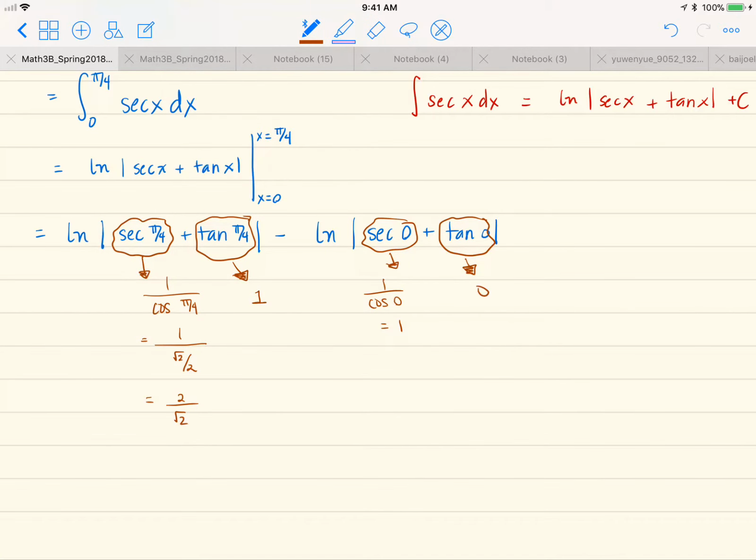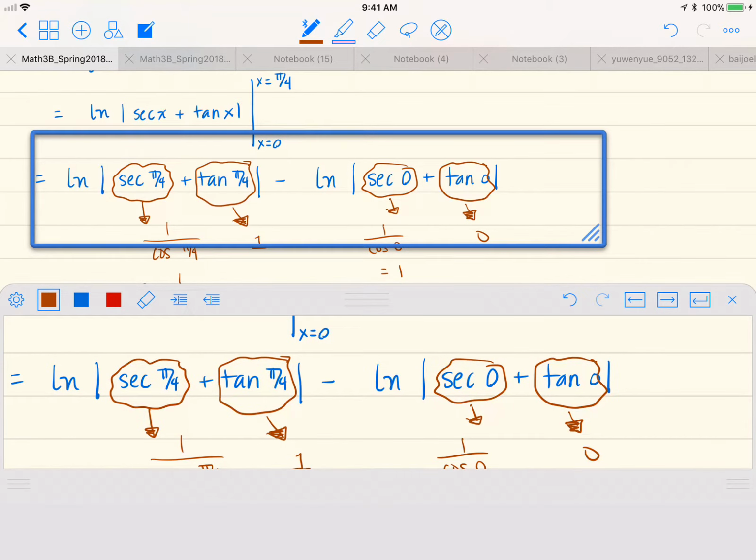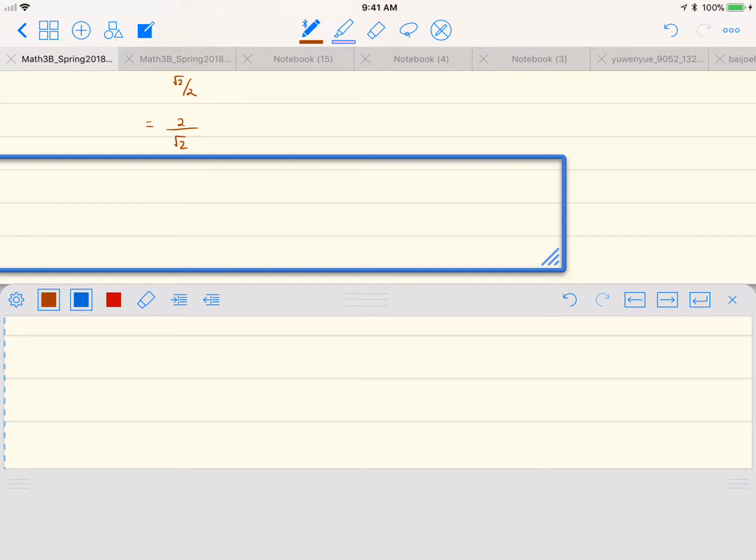Okay, so now we're ready to put it all together.